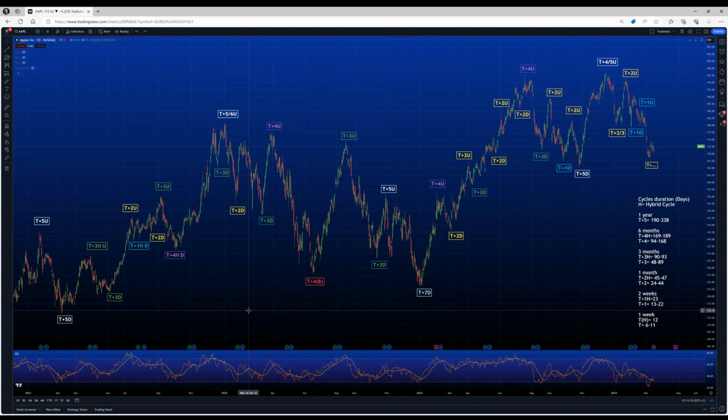In general, they are more frequent between longer cycles like a T plus 6, a T plus 7, or a T plus 5, or a T plus 4, but it's not a given fact that they can occur only between long cycles. They can occur even between shorter cycles, even if they are not so frequent. And what is important to note is that their duration is always 3 degrees shorter compared to the cycles we are comparing.